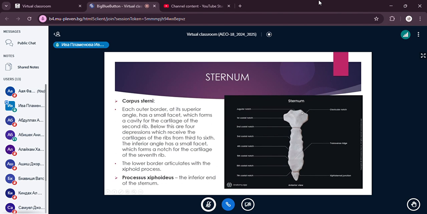So you have to remember the three parts: manubrium, body, xiphoid process, the jugular notch, clavicular notch, left and right, notch for the first rib, from second to seventh, and the xiphoid process. That's it. Sternal angle, which is at the level of the second rib, and that's it about the sternum.